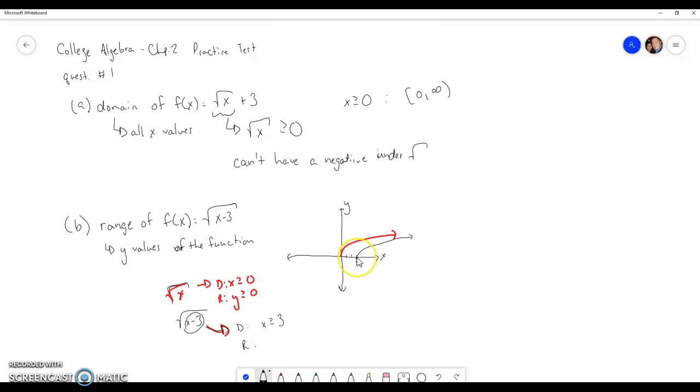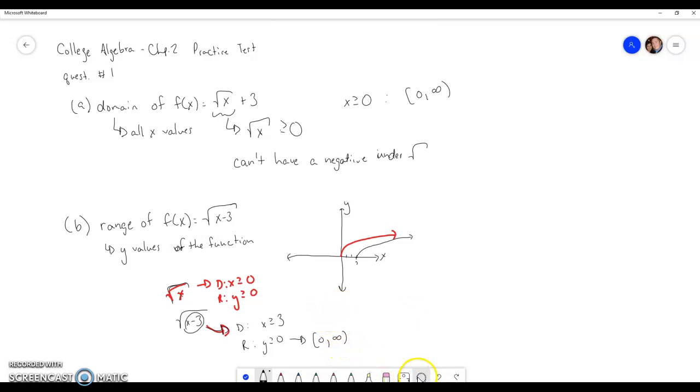Our range is still that the minimum value of the function is 0, and it continues up into infinity. So our range is still the same, y is greater than or equal to 0. And again, in that interval notation, since it's greater than or equal to, we have the square bracket, and up to infinity, infinity always gets a parenthesis.